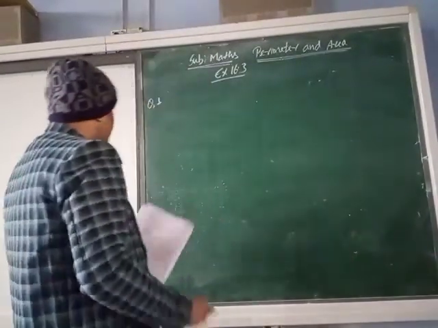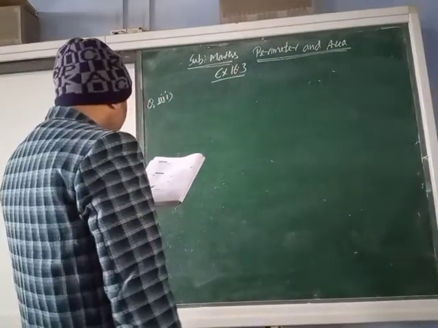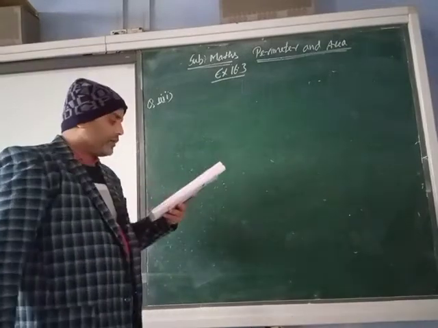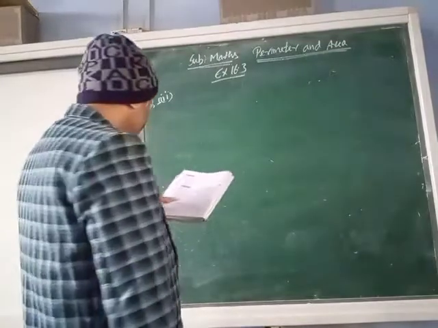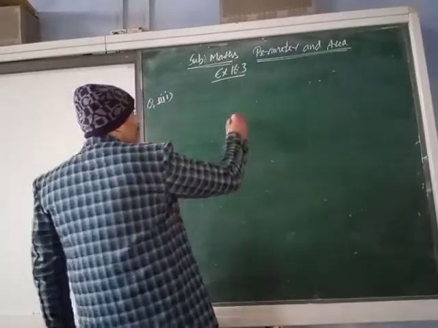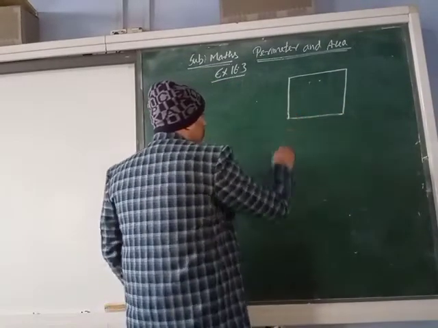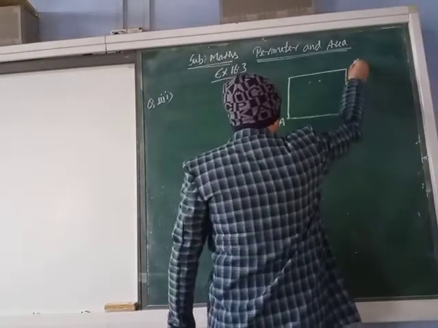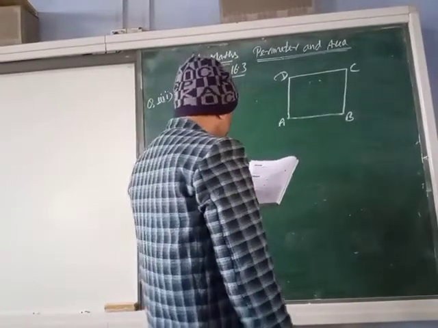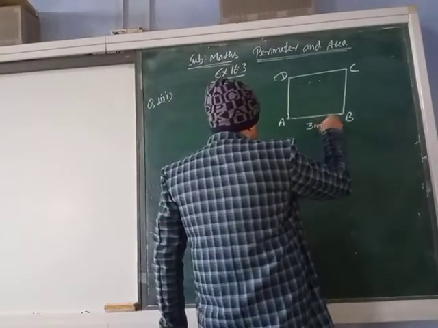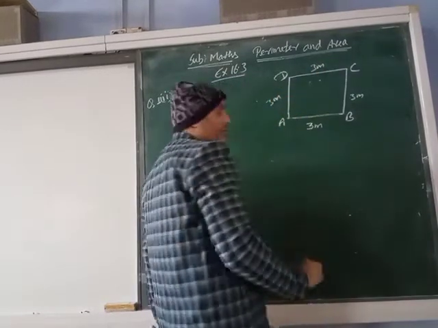Again, question number 1, second part. If a square of side 1.5 centimeter is cut out from a square plastic sheet of side 3, we will find the area of the remaining portion. Same question, but something is different. See, one square is given, named A, B, C, D, and the sides are 3 meter, 3 meter, 3 meter, 3 meter.